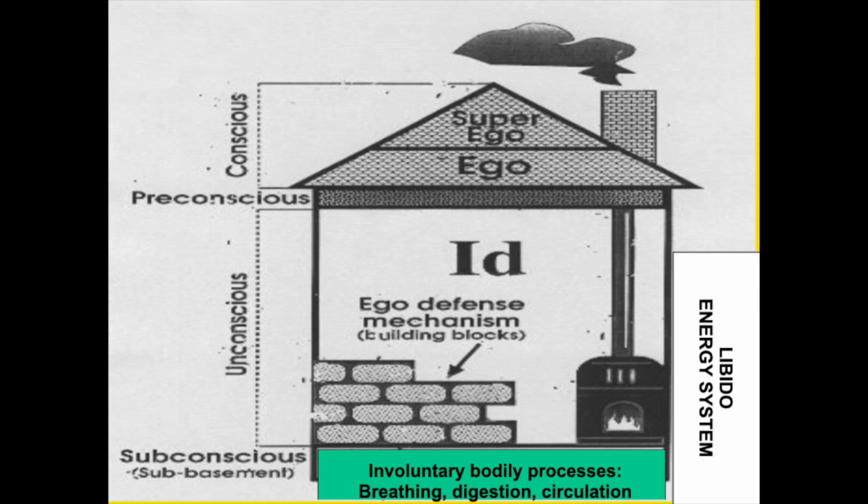This is how you can use ink blots, or you can use stories. As you will see, we can use the sandbox and sand play, and we can use play therapy as a way of projecting the unconscious onto these other things.